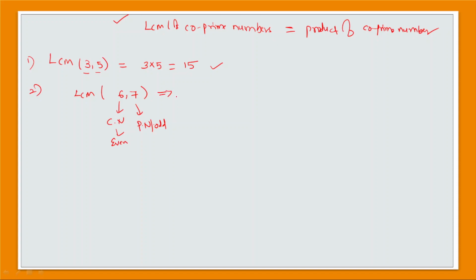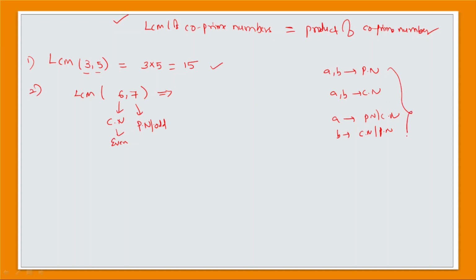From this we can conclude the point from the previous slide: A comma B may be prime numbers or composite numbers. Here A acts as either a prime or composite number, and B acts as a composite or prime number.